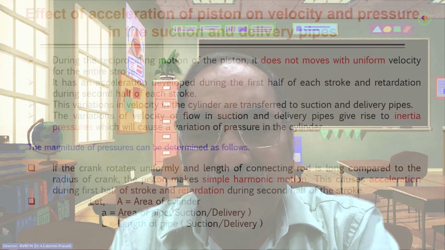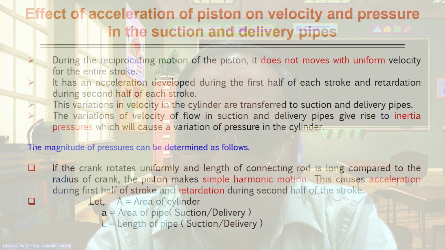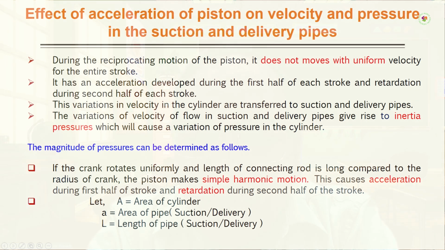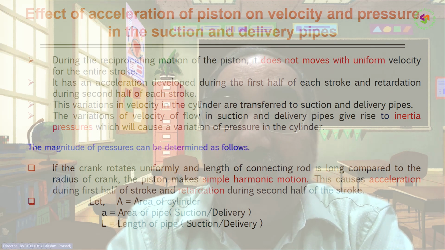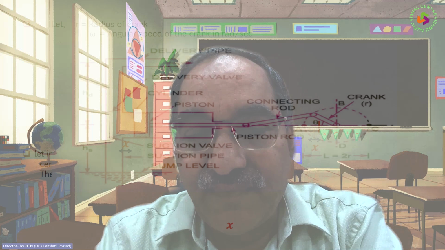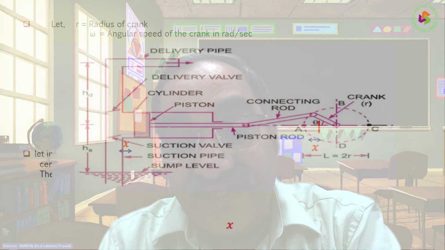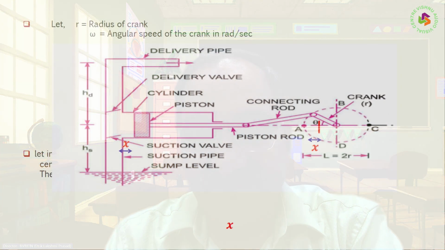First, kindly note that during the reciprocating motion, the piston won't move with a uniform velocity. The piston accelerates in the first half of suction stroke and decelerates in the second half of suction stroke.